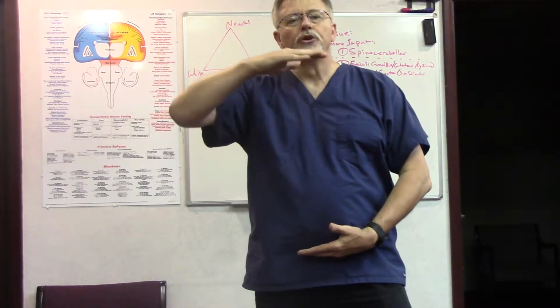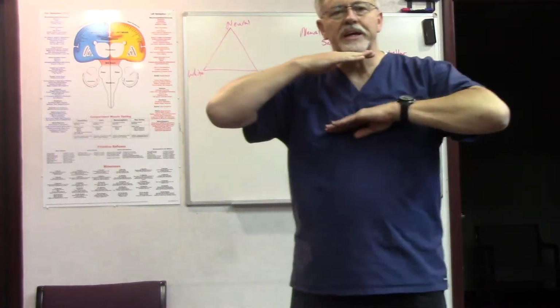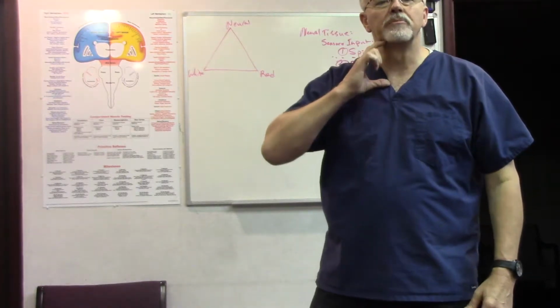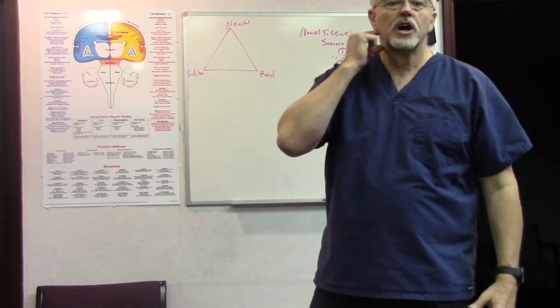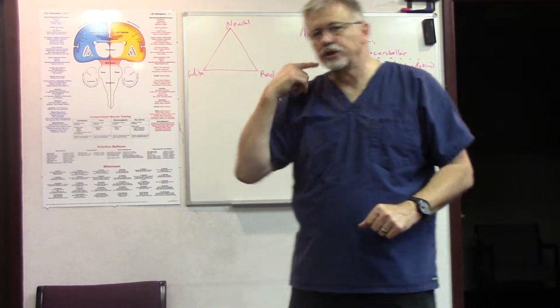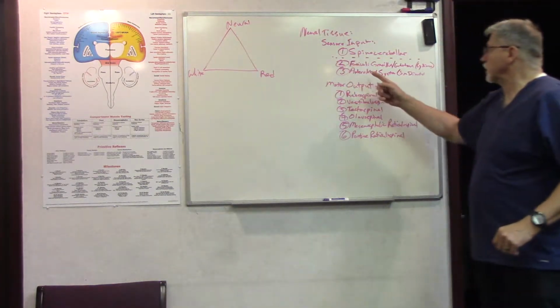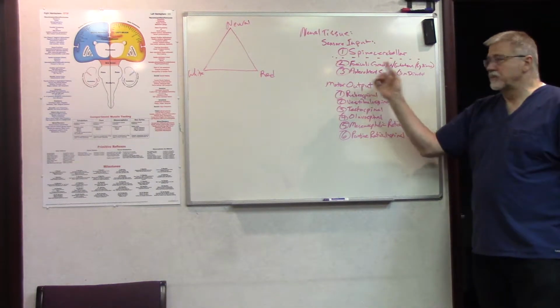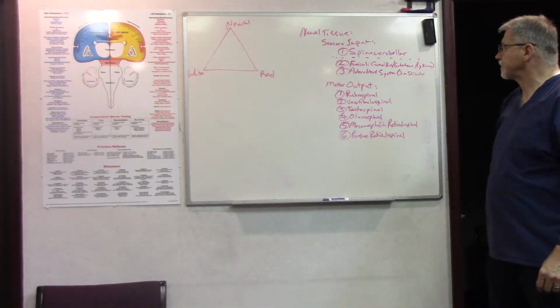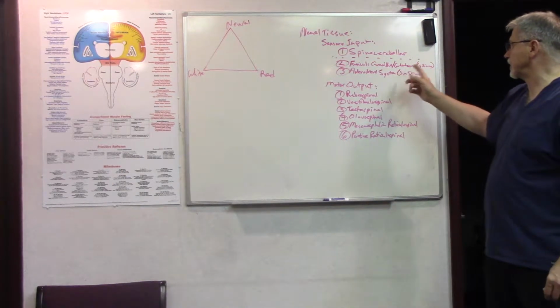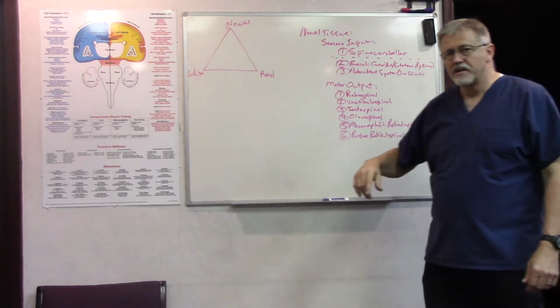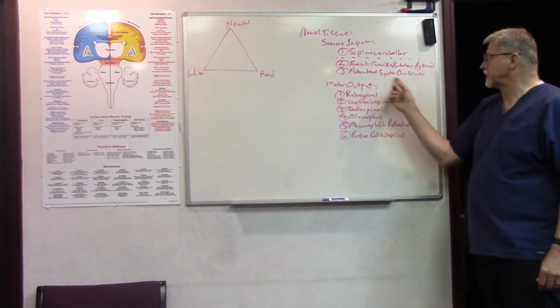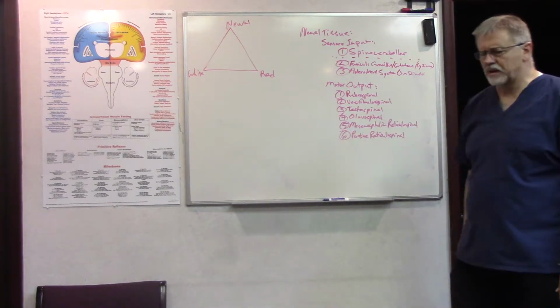Most of those are from here up, and most of those are between the skull, C1 and C2. We also have some inputs coming in from the gracilis and cuneatus, the larger diameter fibers, and some from the smaller diameters from the anterolateral system.